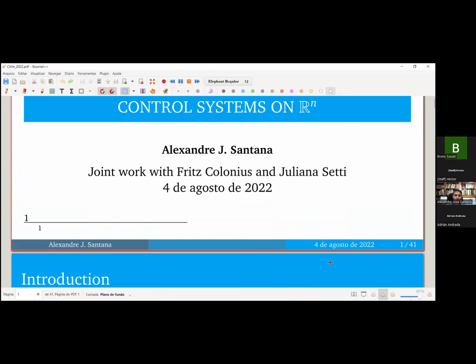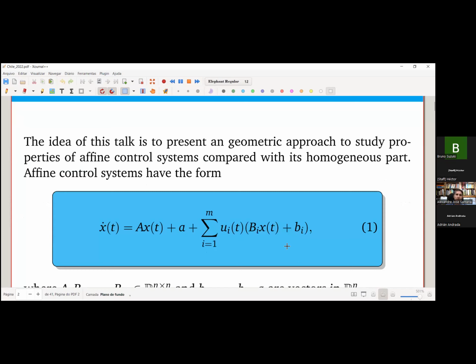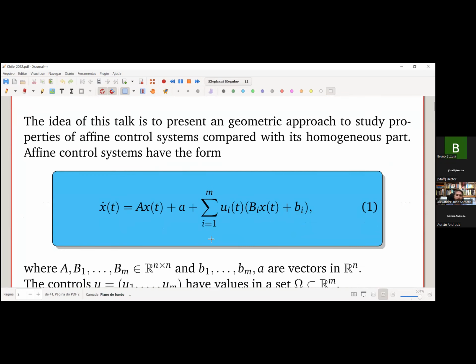And the idea of this work is to study this control system here, number one, and to relate the controllability properties of this control system with the controllability property of its homogeneous part.